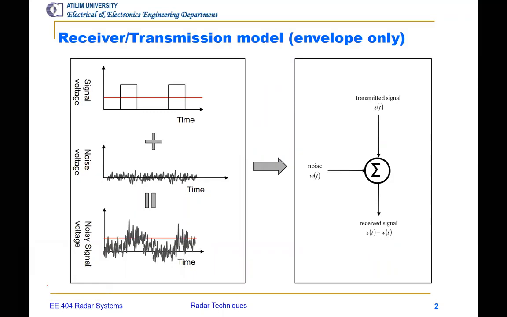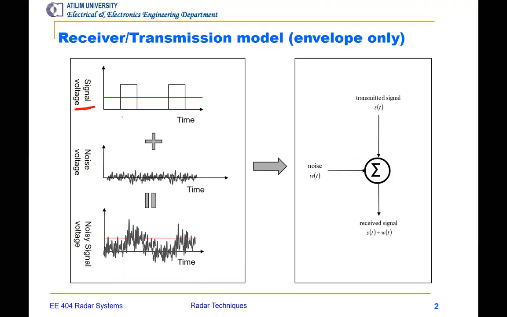Okay, let's start with the simple model. We use this in the course that you took, communication systems, E316, where we model noise and signal and how to write a received signal, noisy received signal. On the left-hand side, you see a voltage signal, a rectangular pulse.